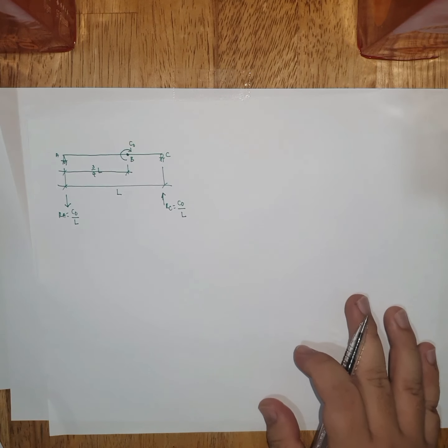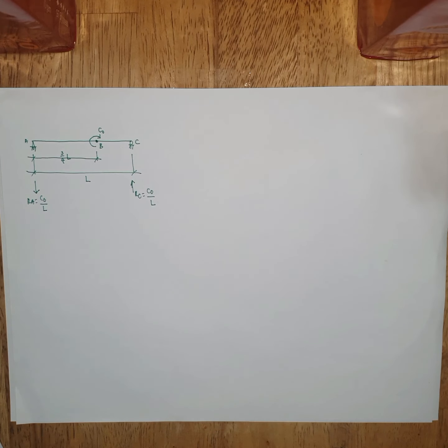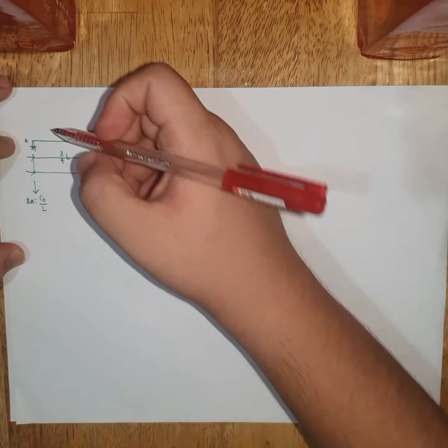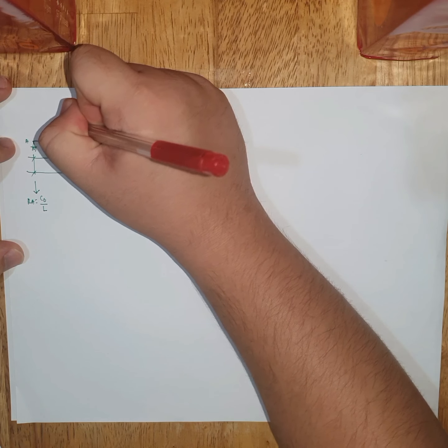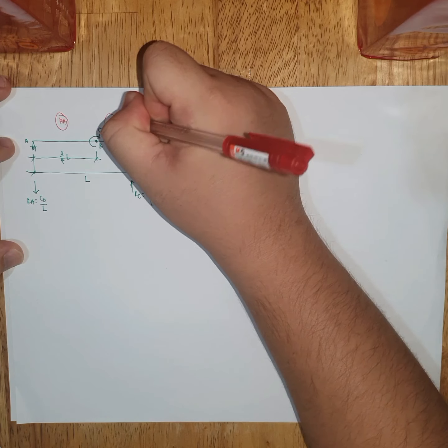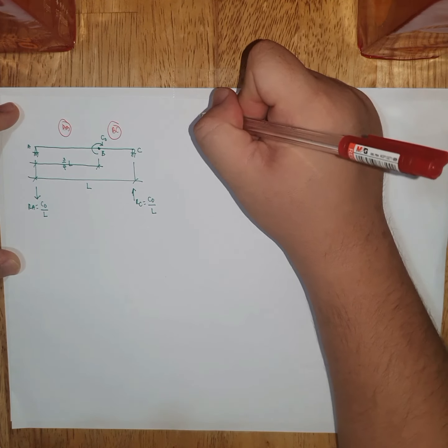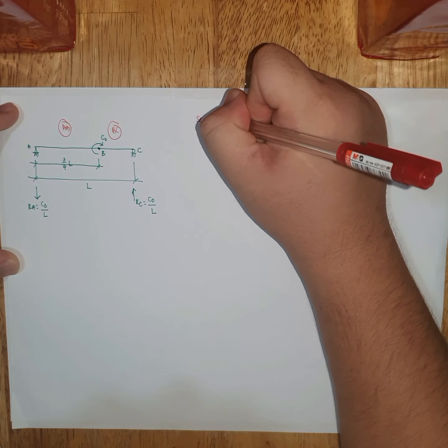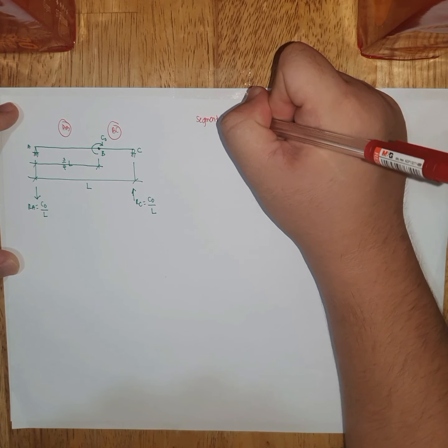Okay? Hanapin natin yung shear and moment expression for segment AB and BC. Then, yung ating diagram, shear and moment diagram. Okay? So, consider natin to na segment AB and segment BC. Okay? Let's start. So, segment AB.